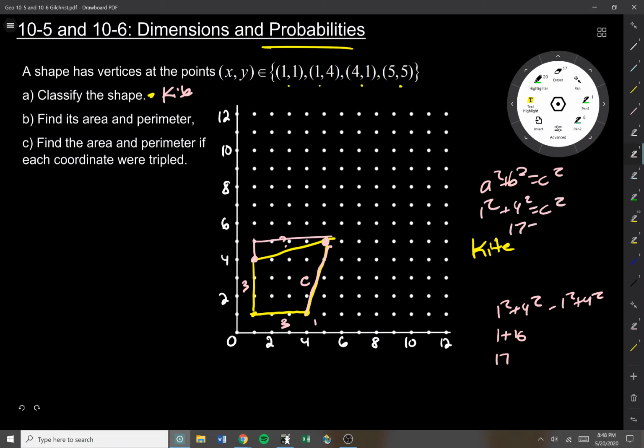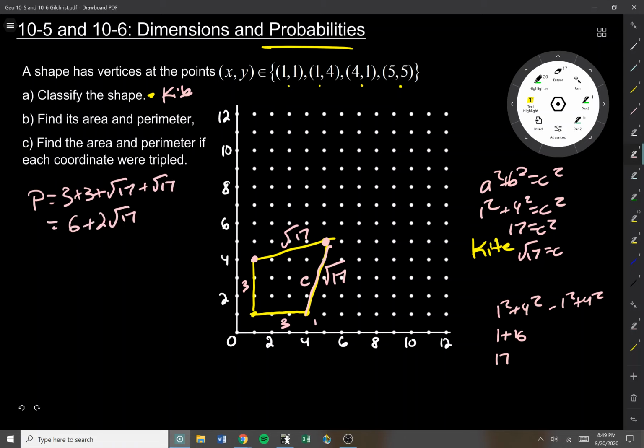So that becomes 17 equals c squared, so root 17 is c. So this length right here is root 17, as is this length right here, root 17. So its perimeter would equal 3 plus 3 plus 2 root 17s, which is 6 plus 2 root 17. Root 17 plus root 17 is 2 root 17.